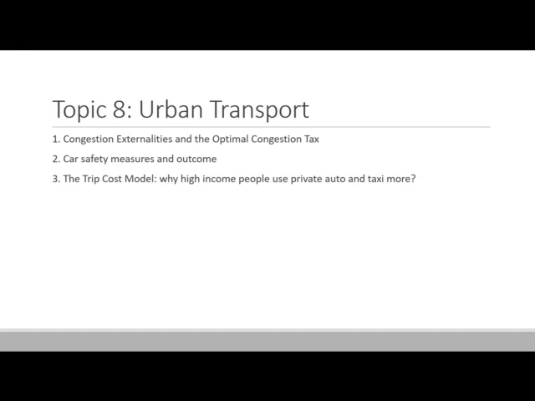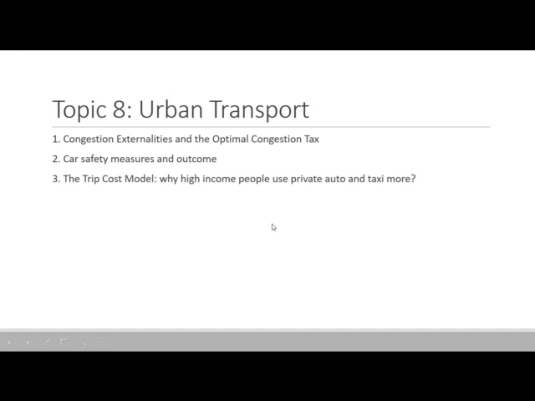And it's a reasonable assumption that people have the largest disutility for access time. In such a case, because private auto always has a much smaller access time compared to public transport, high-income people will prefer to use private auto to minimize the access time.